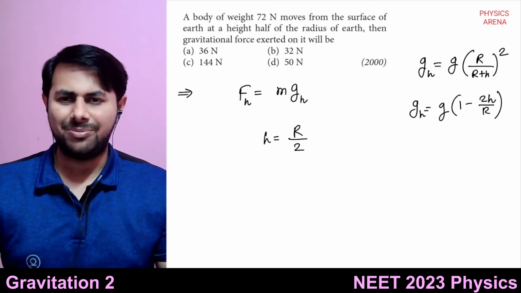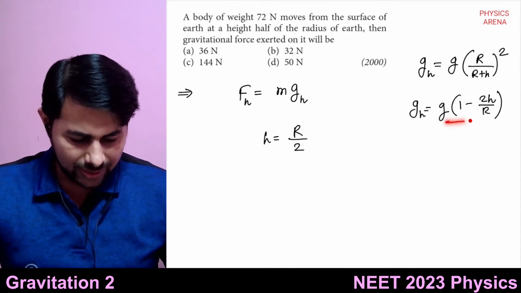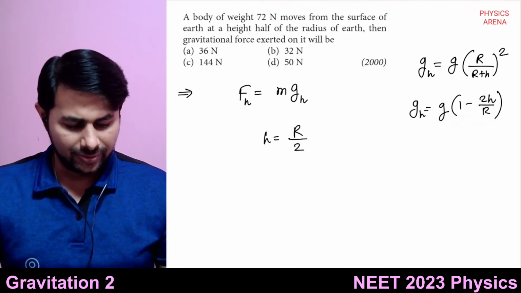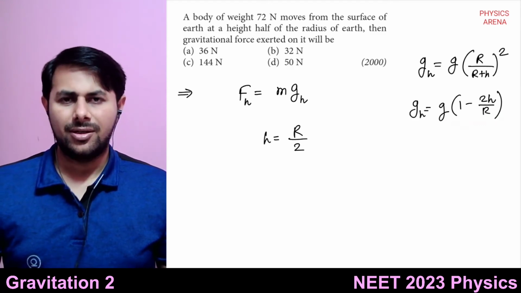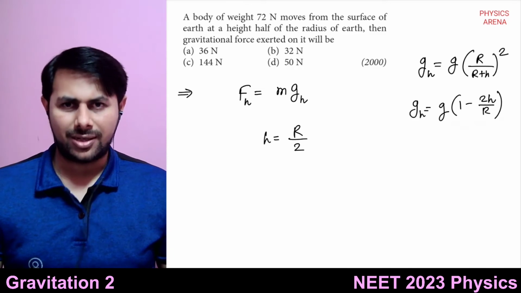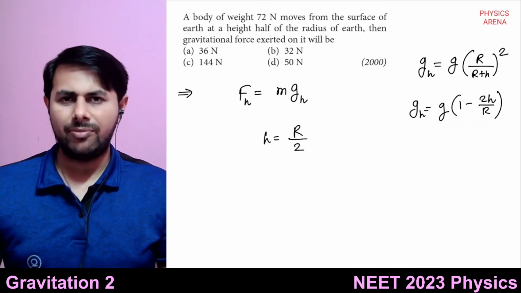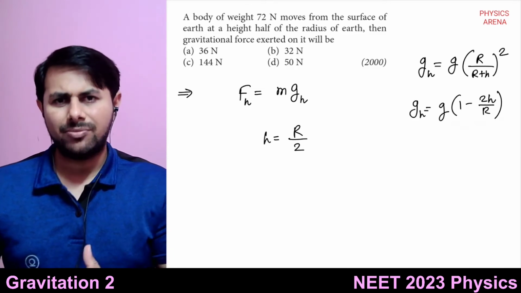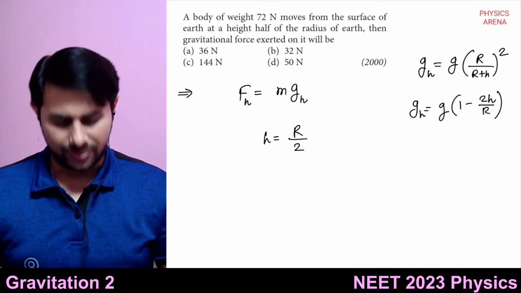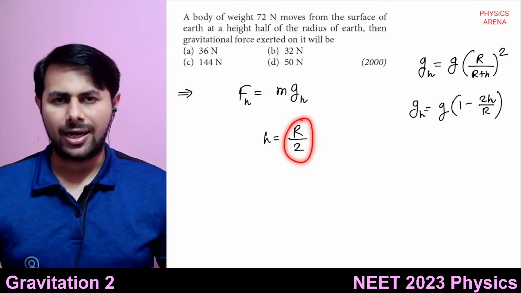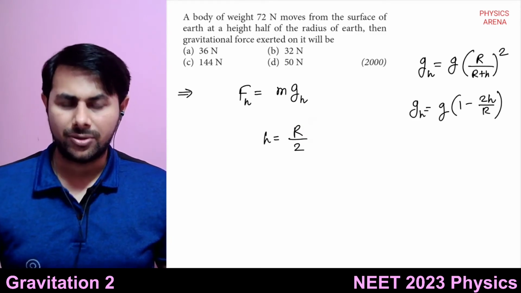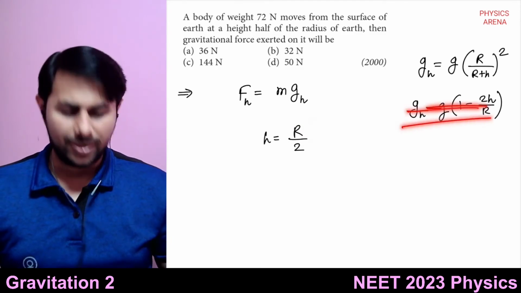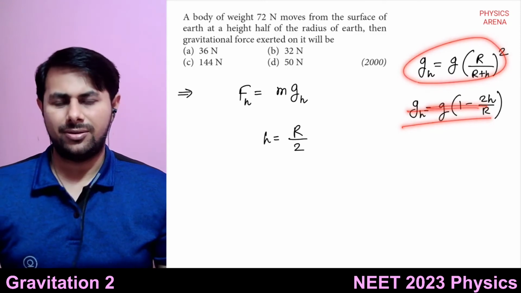First or second? The second formula is approximate. We can use it as long as h is very small compared to R. What do I mean by very small? At most 10%, and here it is half, h is equal to R upon 2. So we cannot use the second formula. We have to use the first one.